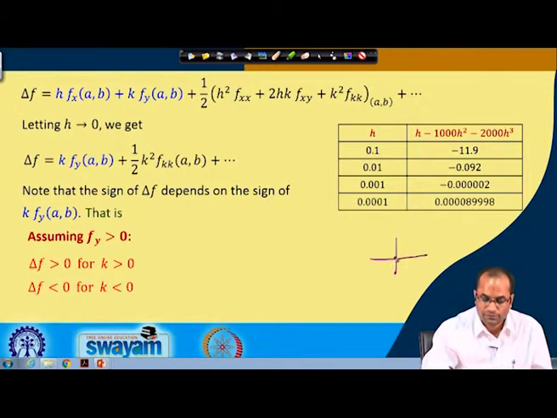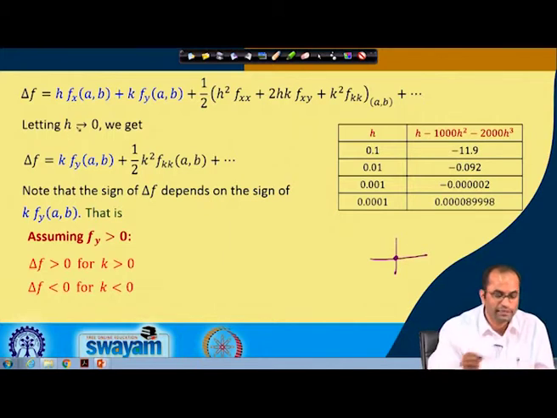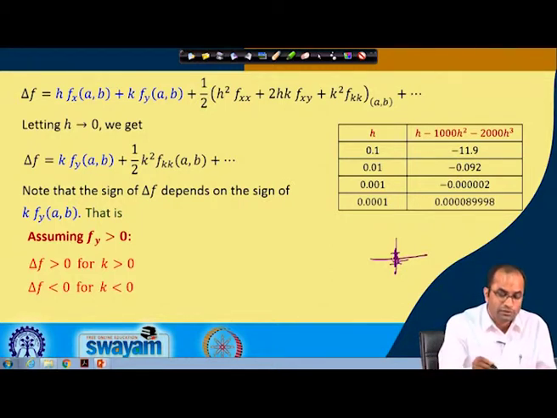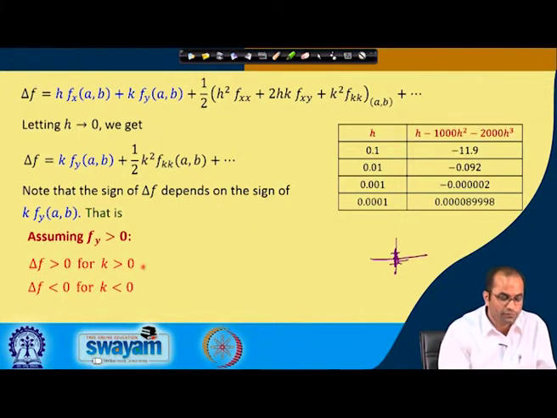For example, this is h equal to 0 and k equal to 0. We already let h go to 0, so the neighborhood points are only in the direction of y. When k is positive, we are in the neighborhood on the upper side, and when k is negative, we are in the neighborhood on the lower side.